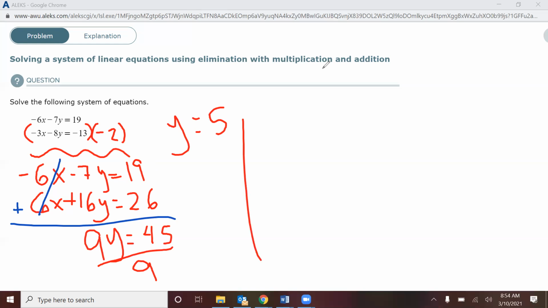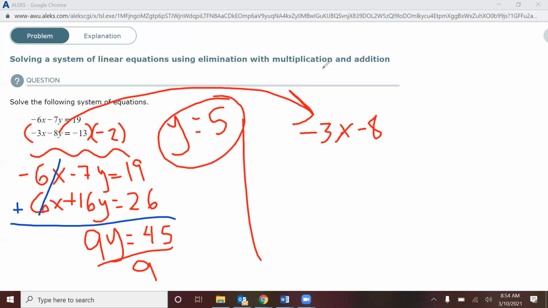And now I'm ready to solve for x. So I'll pick one of the original equations. I'll pick the second one, just for kicks and giggles. So I'll replace the y in that equation with what I know y equals.